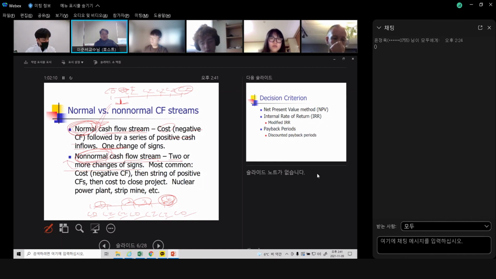Most common is just two changes: cost happens first, a negative cash flow, then a string of positive cash flows, and then a cost to close the project. When we close a project, there is a cash outflow.